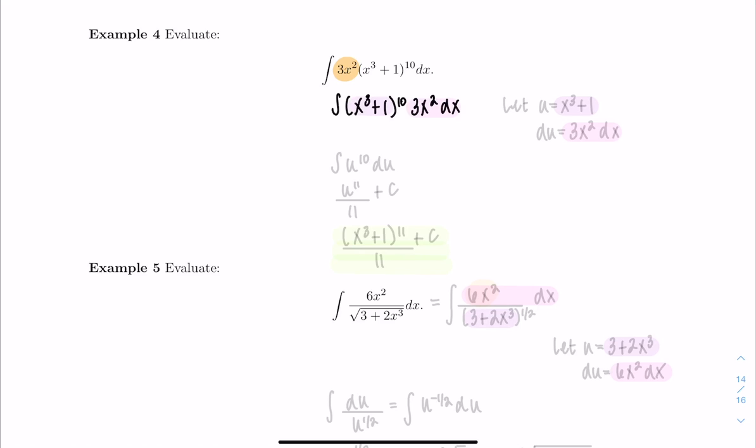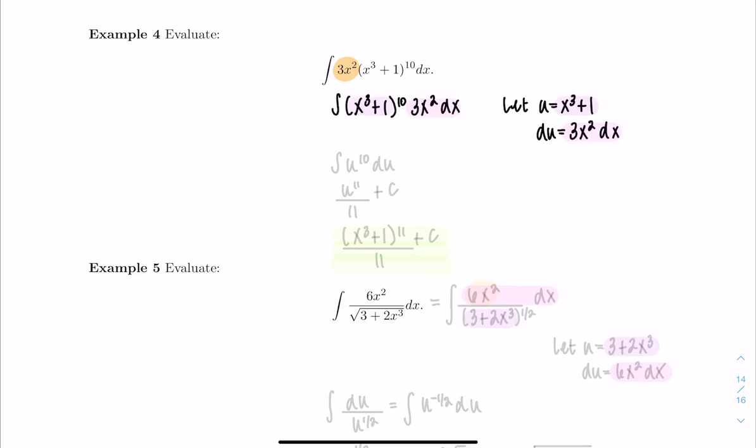Now this is when we're going to bring in the substitution. I'm going to let u be x cubed plus 1. That means that du is 3x squared dx.